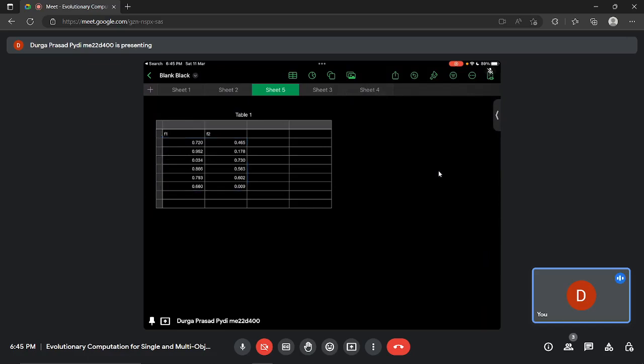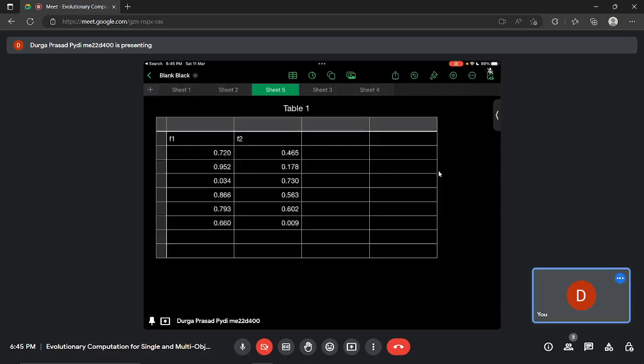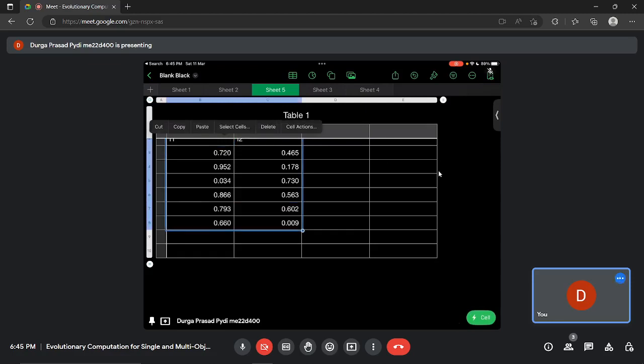Suppose we have 6 individuals and these are the values of f1 and f2. What we are trying to do is identify the solutions. It will be the same problem as minimize f1 and minimize f2. So let us just plot these solutions first.